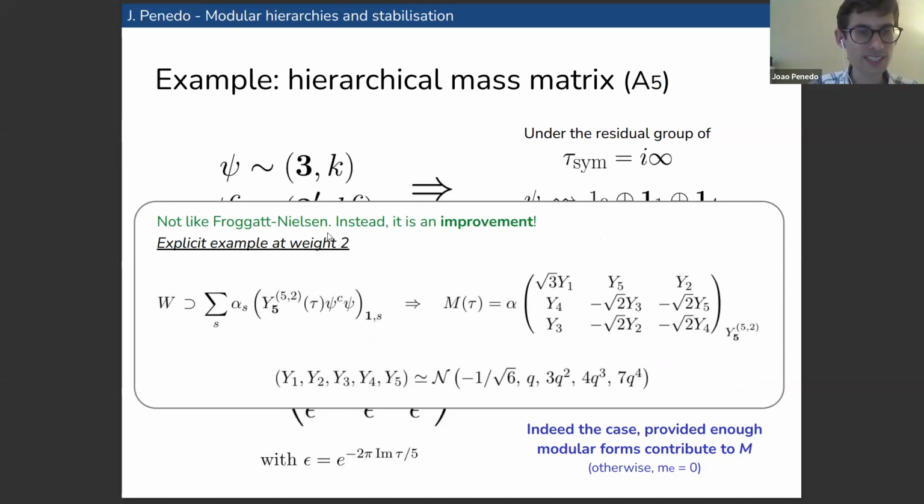So it's not like Froggatt-Nielsen, it's kind of an improvement, because what you get is that your mass matrix is a very well-defined function of tau. There is no order 1 parameter for each entry necessarily.